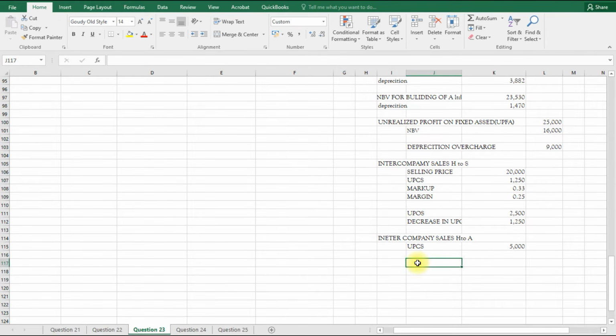We have not calculated that: investment in associate company.